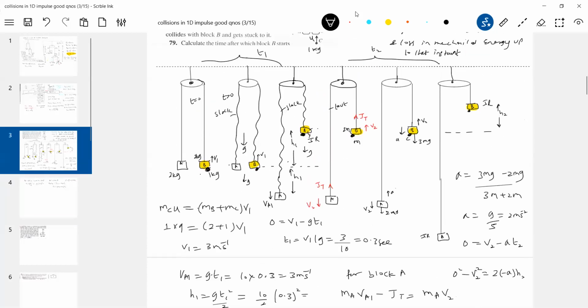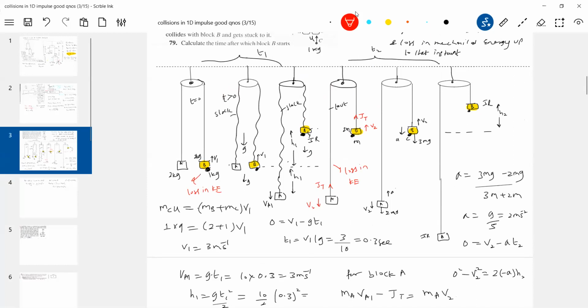Now, when the taut string becomes slack, there's no loss in energy. It's very clear. So I'll write it here, near the diagram. Loss in kinetic energy here, and here also loss in kinetic energy. What will happen to that loss in mechanical energy?